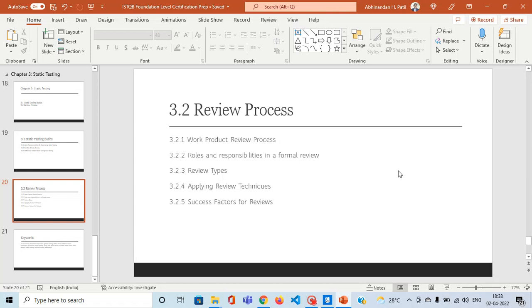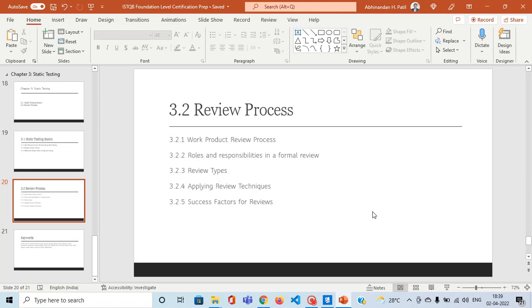Right now, in the planning phase, what all do we do? In the planning phase, we define the scope and purpose, what is the actual scope and what is the purpose of the review, and we also estimate effort, how much effort will be involved, and we check which review process can be followed.